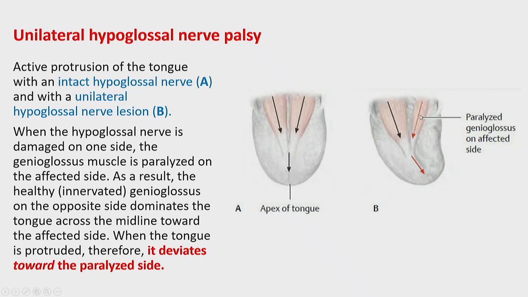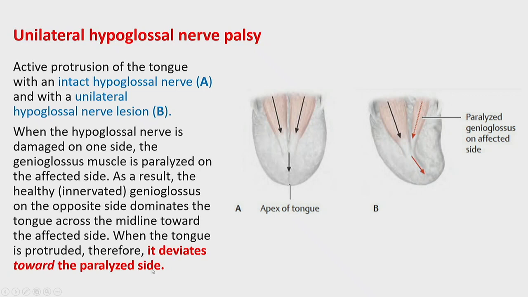But for example, if the left side doesn't work for any reason, such as paralysis of this side of the hypoglossal nerve, the right muscle has normal function and is stronger than the other side. So this strong muscle pushes the tongue toward the paralyzed weak side. It means that the deviation is always toward the paralyzed side.